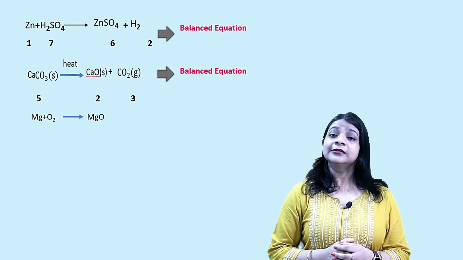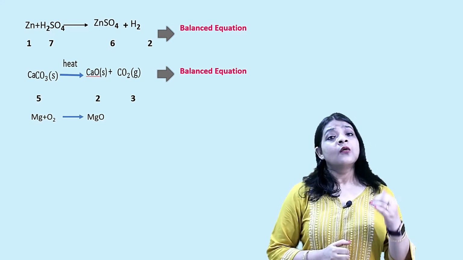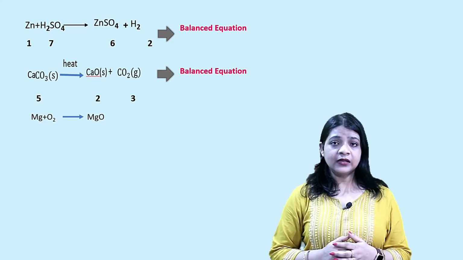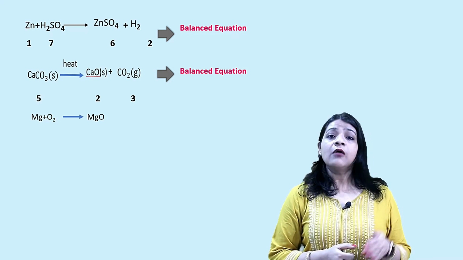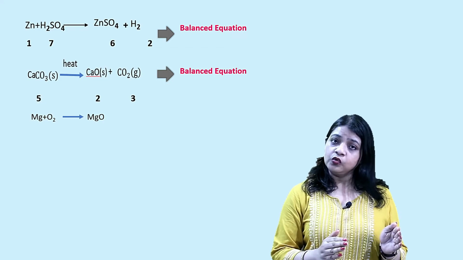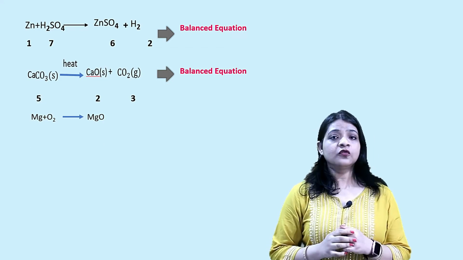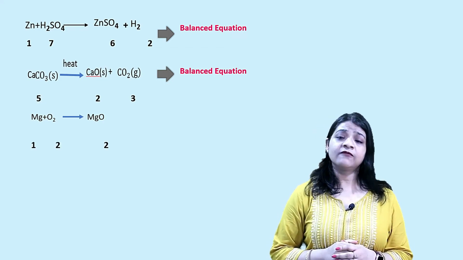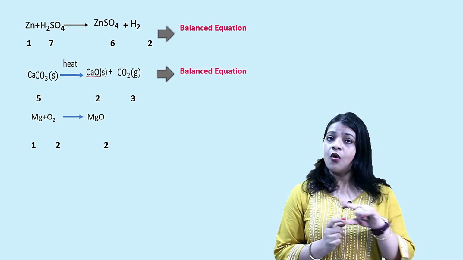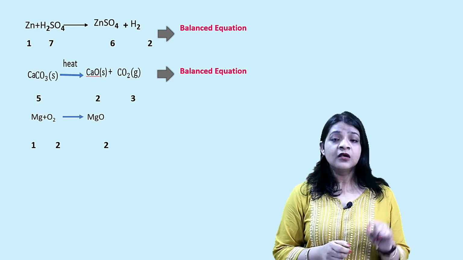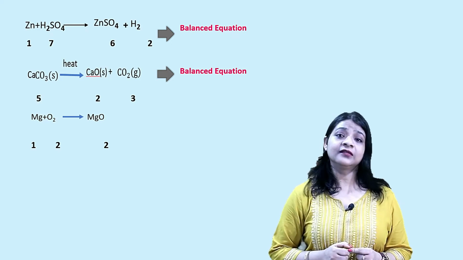Now let's take the third example, that is when magnesium ribbon is burnt in oxygen, it gives magnesium oxide. Now Mg plus O2 gives MgO. So here let's calculate the number of atoms in the reactant side. Mg is 1, and oxygen has 2 atoms, so 1 plus 2 is 3.